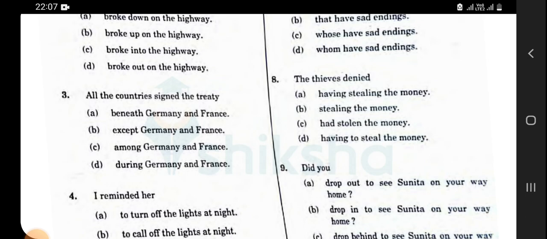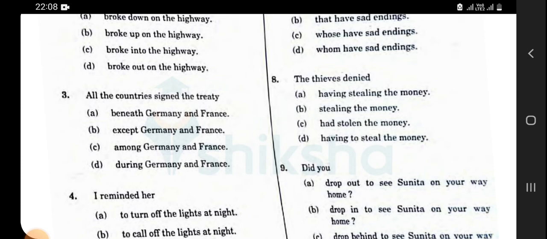So first of all, the countries signed the treaty. Beneath Germany and France, I don't think that option would be there, so definitely if I were there, I'm going to skip option A. Next, among Germany and France is a wrong use of the preposition among, because among is used for more than two, but here it is written two only.